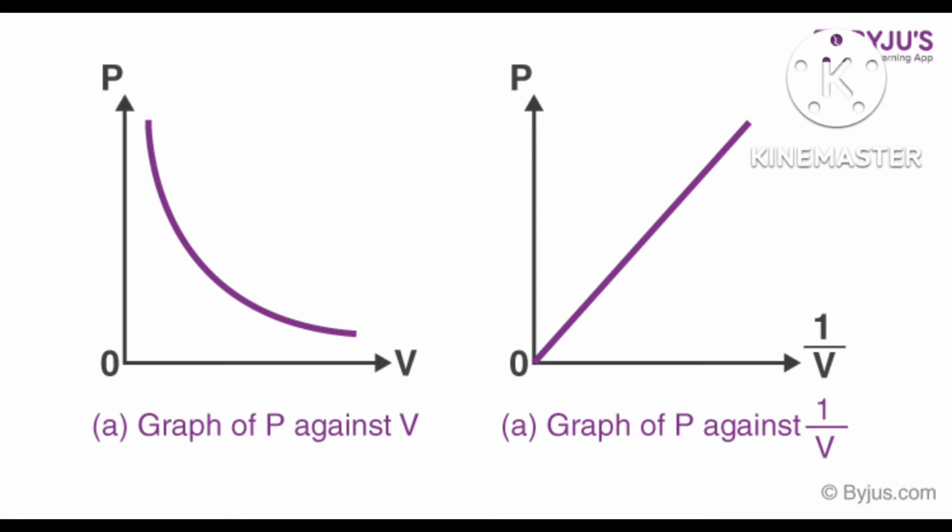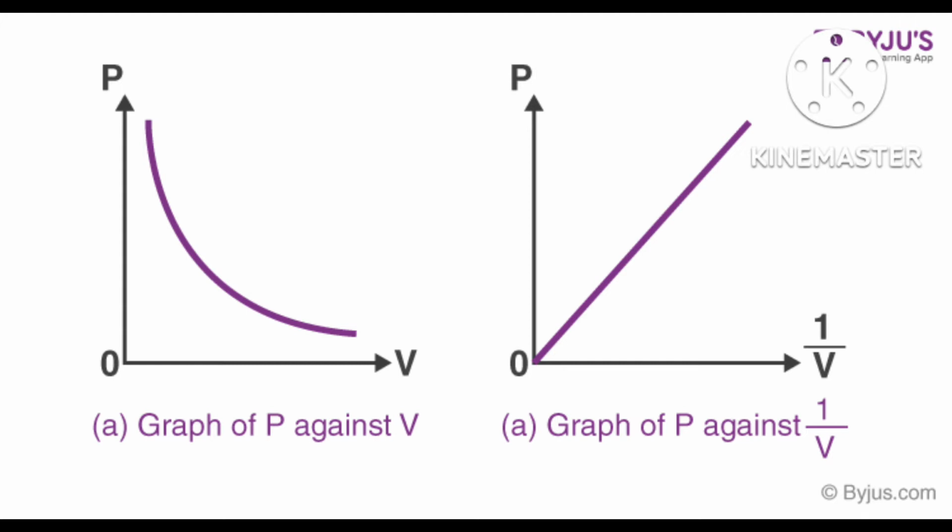After that you can rearrange, and you will get P1 upon P2 is equal to V2 upon V1. It is a very simple simplification.